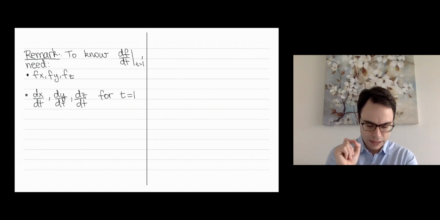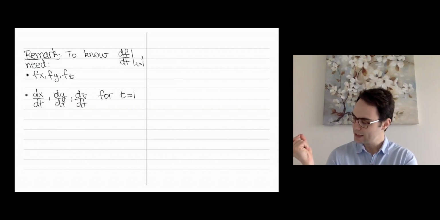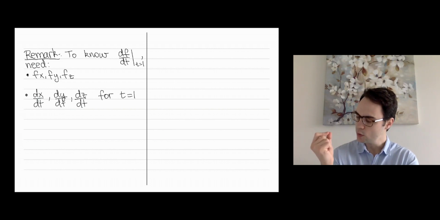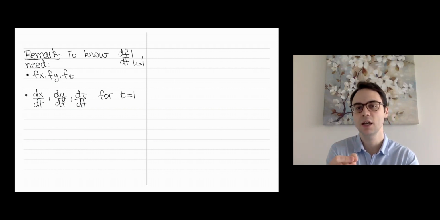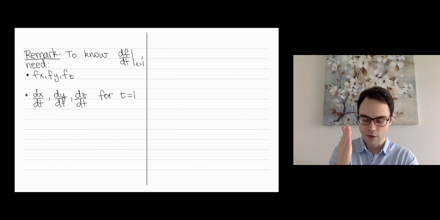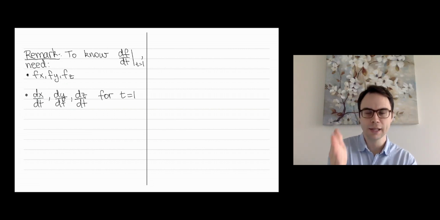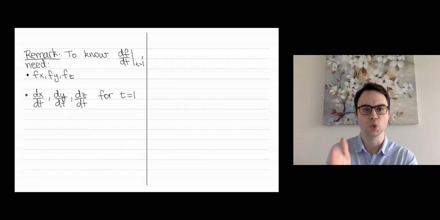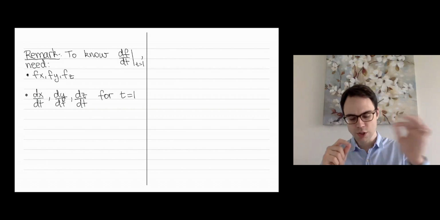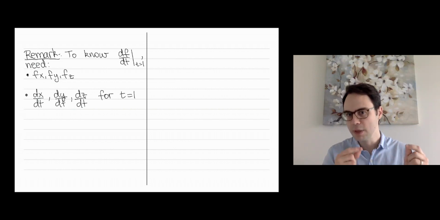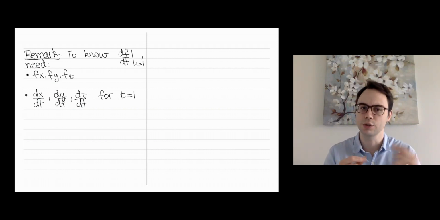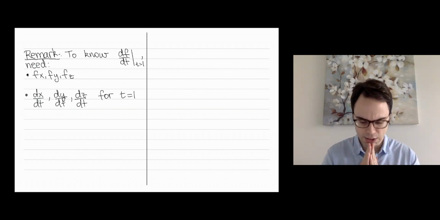We want to know df dt at time 1, how fast the temperature is changing for that little bug at time equal to 1. The bug is changing its position, and because the temperature depends on the position, it's also changing its temperature. So we want to know how fast that change is coming about.